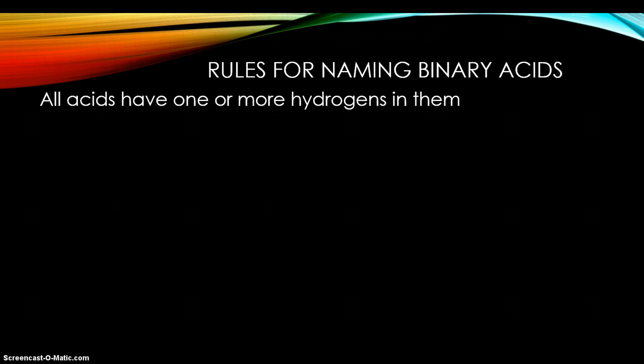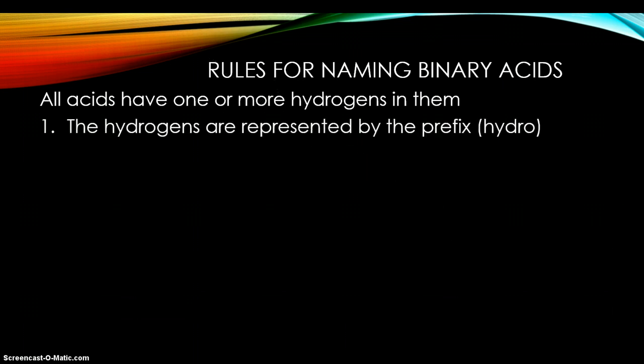So for binary acids, the first of the two elements is always hydrogen, at least one or more hydrogens, and the second element will be one of the nonmetals, often one of the halogens, not always, but that is not uncommon.